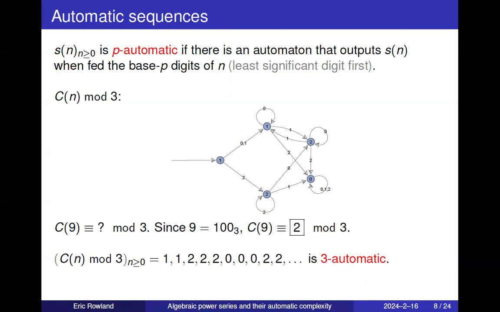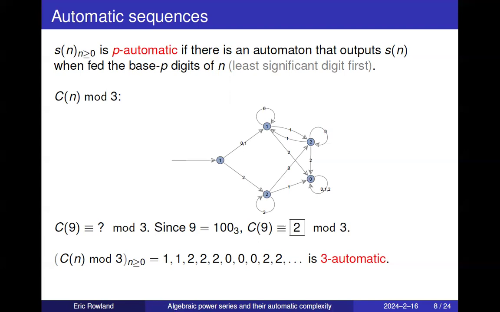In this case, the set of values that the automaton outputs is the same as the digit set. But that doesn't necessarily need to be the case. So you could imagine reading numbers in base 3, but the output set can be some much larger set. If you were interested in the nth Catalan number modulo 9, for example, then the outputs might be 0 through 8 instead of 0, 1, and 2.